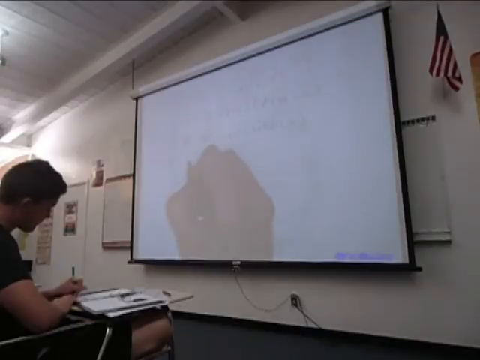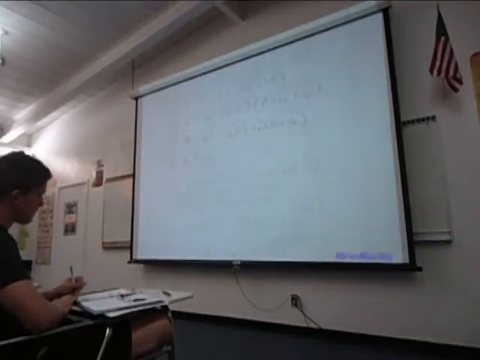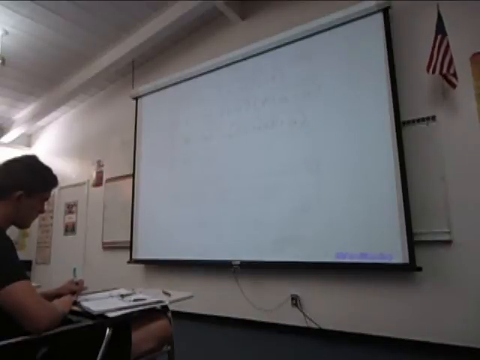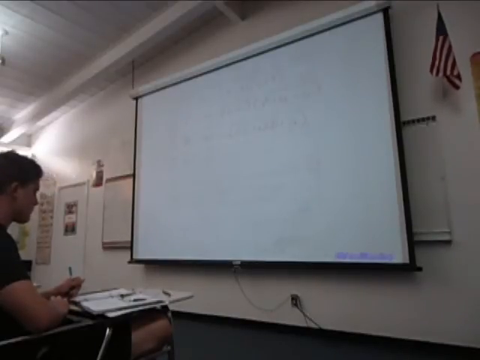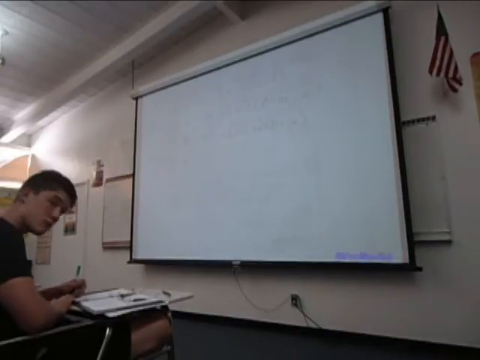Let's do 8x cubed plus 125. What am I looking for? If they're cubes. Is 8 a cube? Yes. 2 times 2 times 2. Is 125 a cube? Yeah, it is.